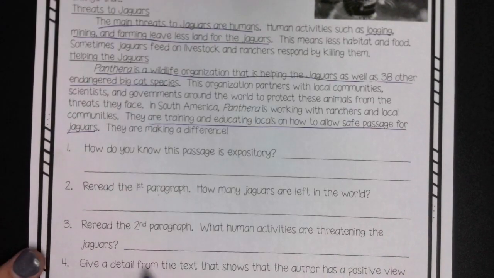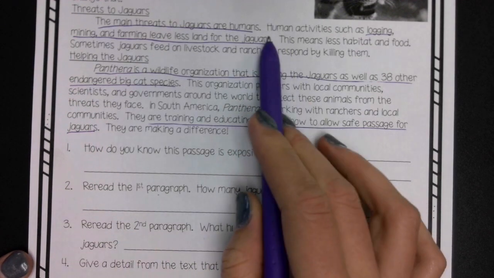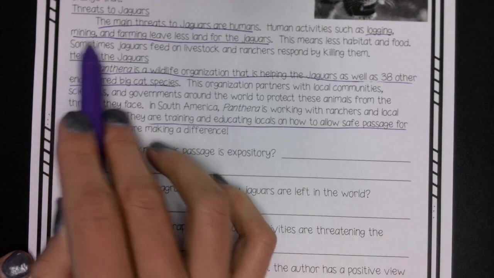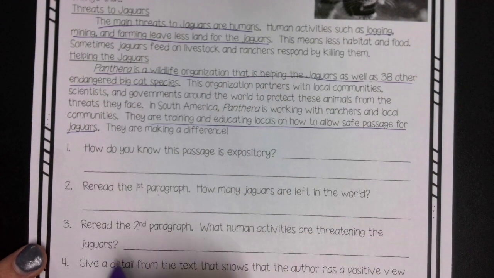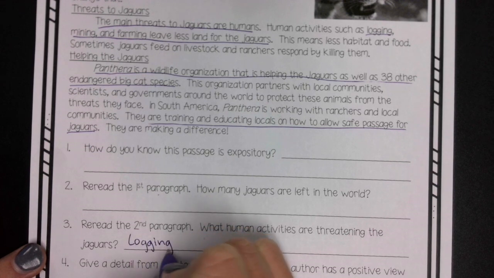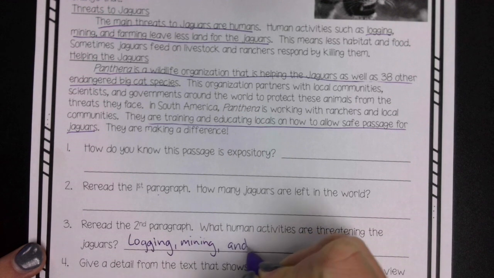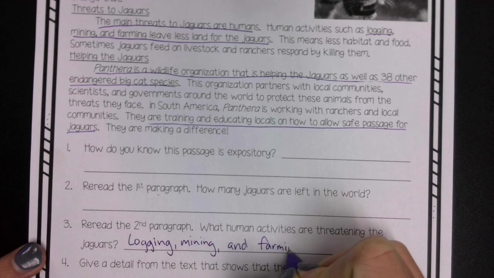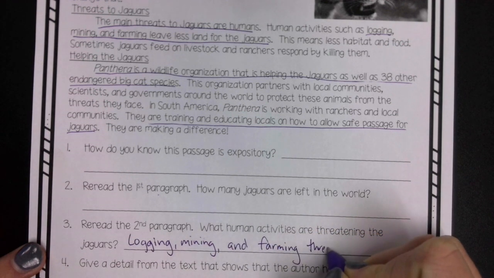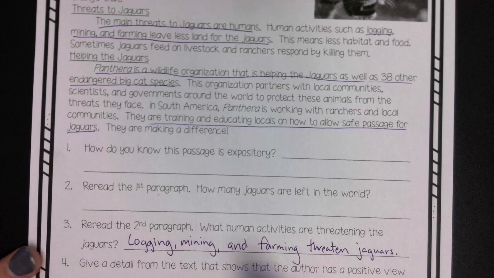Number 3, reread the second paragraph. What human activities are threatening the jaguars? Well, I underlined those. Human activities such as logging, mining, and farming threaten jaguars. Notice my complete sentence, so I started with a capital letter, ended with a period.